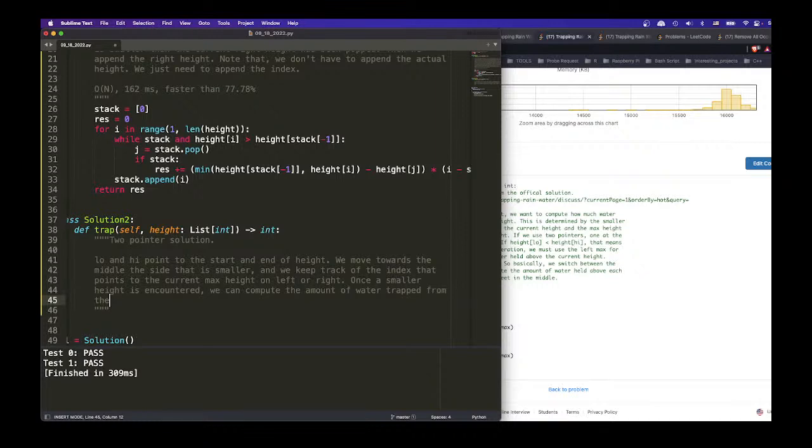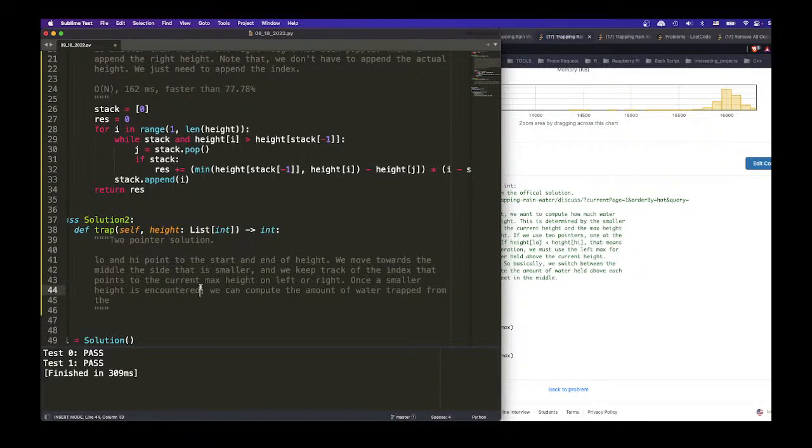But if it's bigger, then we just switch, right? And yeah, how do we describe this?